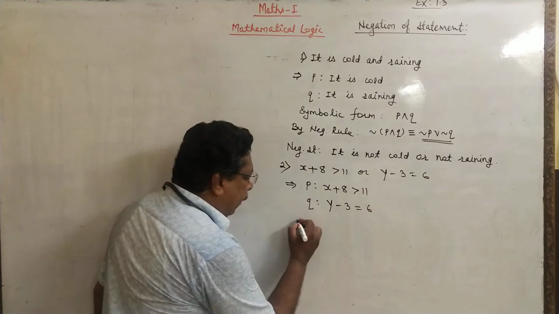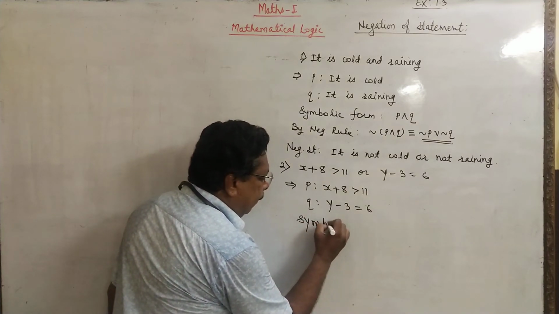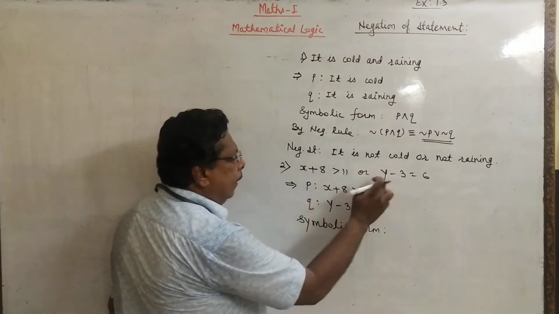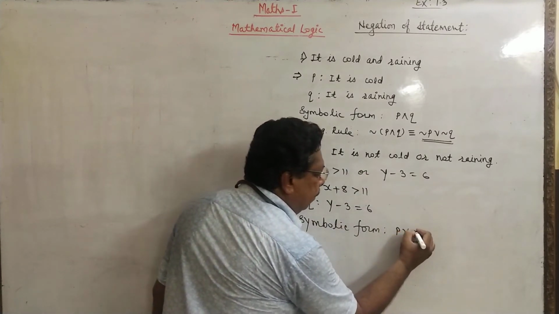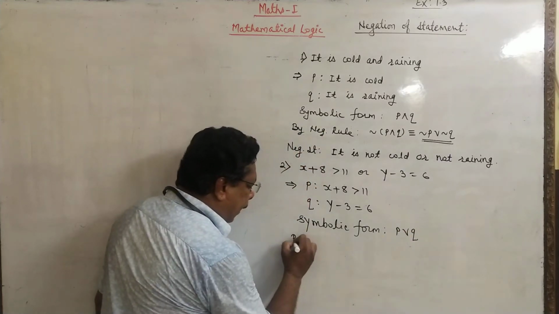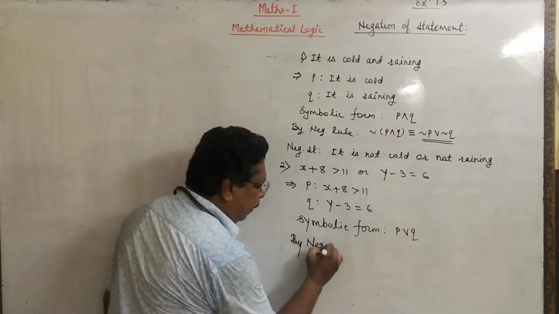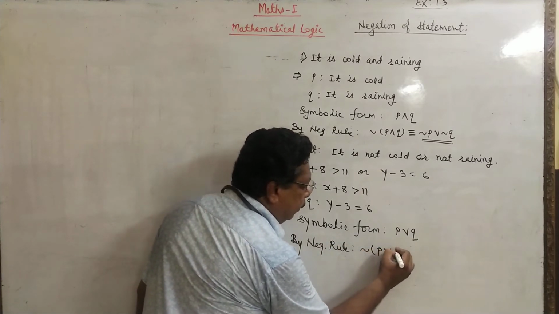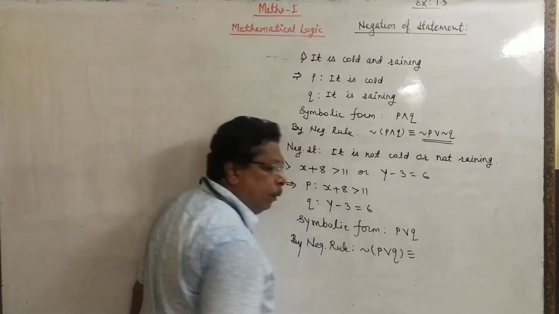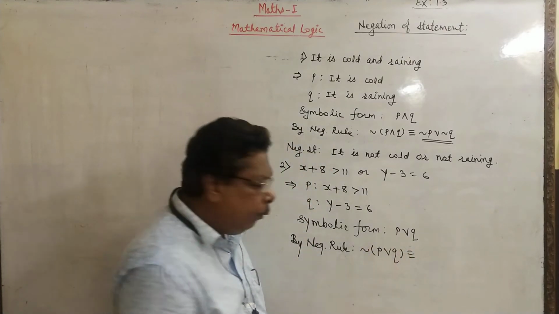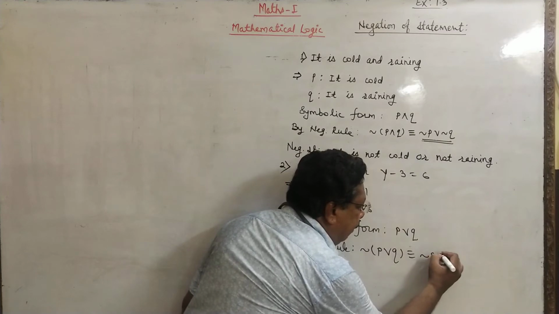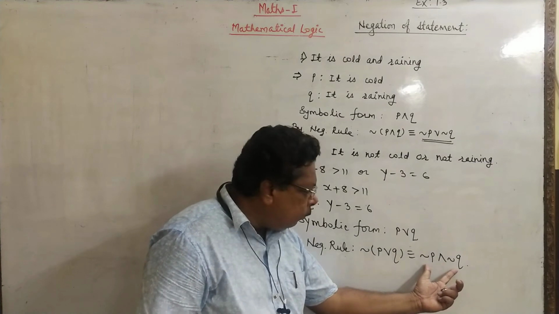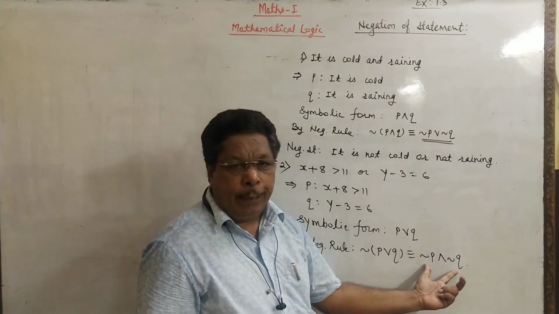Then write down the symbolic form. Symbolic form is P or Q. Then by negation rule, negation of P or Q is negation P and negation Q. From this you have to write the negation statement.